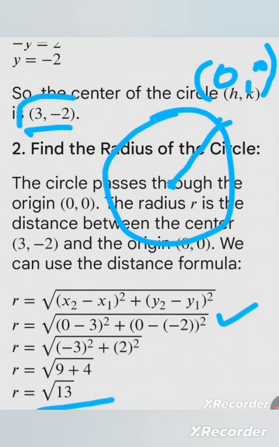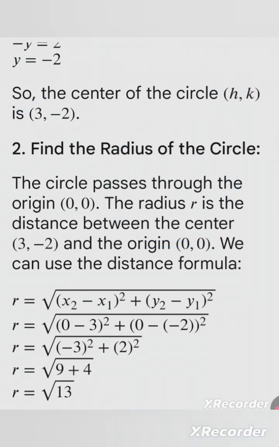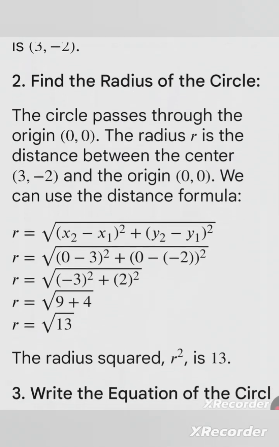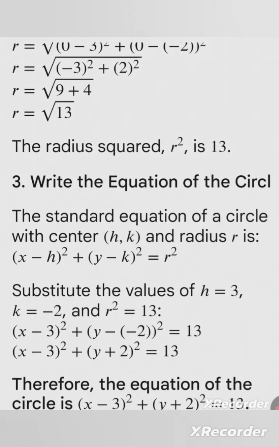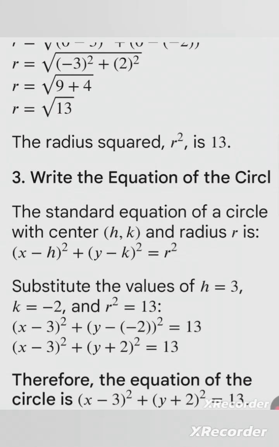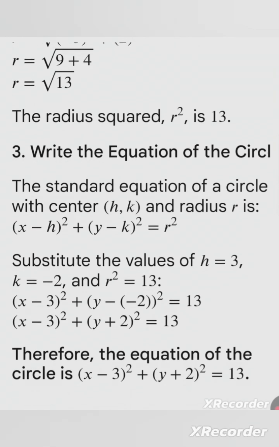Now we can easily find the equation of the circle whose center is at 3 comma minus 2 and whose radius is root 13. So use the standard formula. We know the standard form is (x minus h) whole square plus (y minus k) whole square equals r square, where h is equal to 3, k is equal to minus 2 and r square is equal to 13.